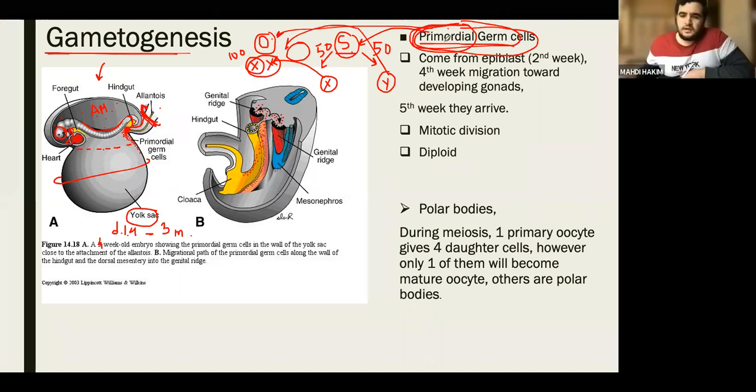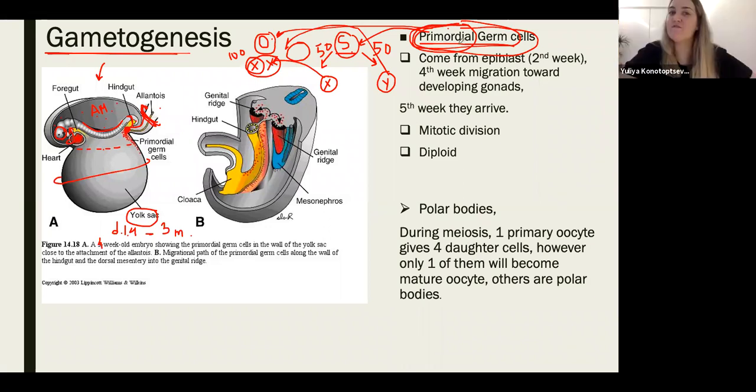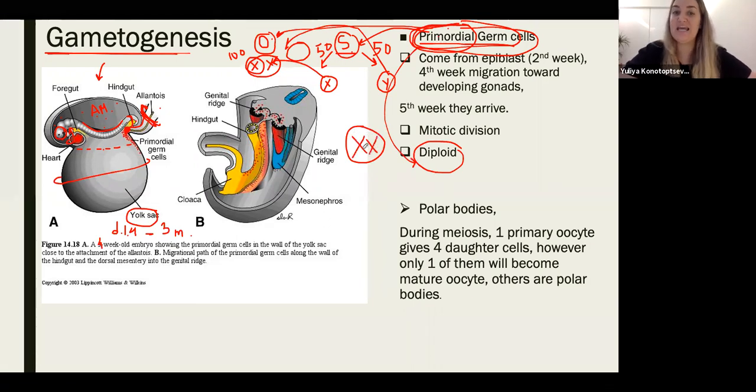Now, how do you know that PGC will give rise to the oocyte? You have to look at its chromosome. PGCs, unlike the gametes that they give rise to, are actually diploid. These cells actually have two sets of chromosomes. Let's imagine that I have a PGC here, and inside of this PGC, I have a diploid set of chromosomes. It is an XX. This PGC will be undergoing division. It will have to divide.